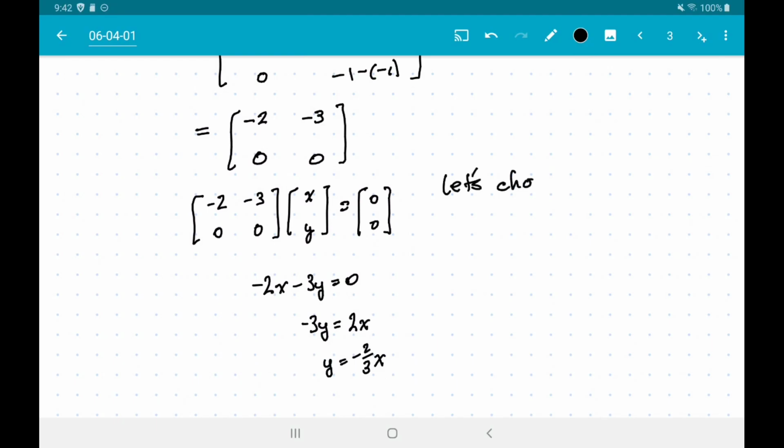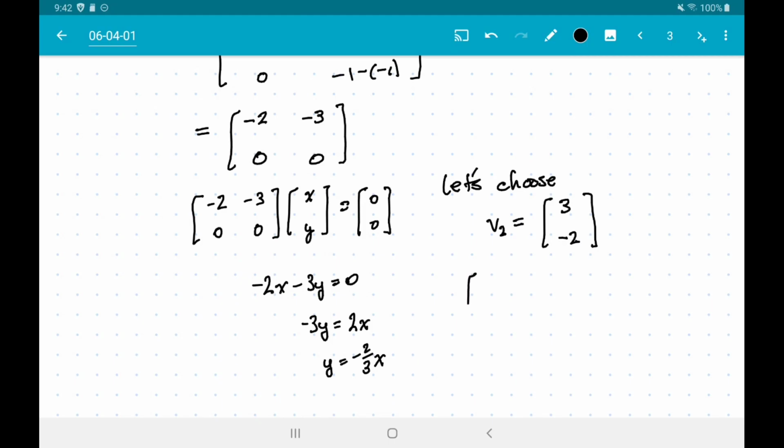Let's choose, I'll call it v2, and if I make x be 3, then y can be -2. Have I done that right? If I make x be 3, then y is -2.